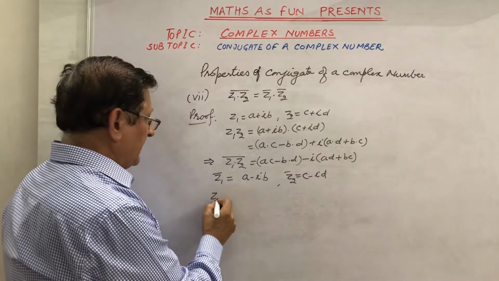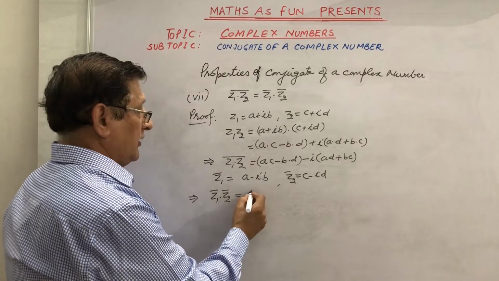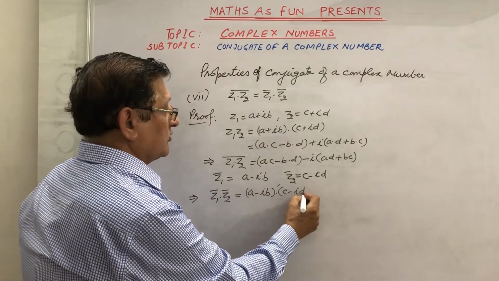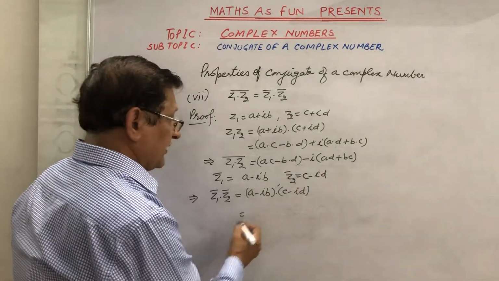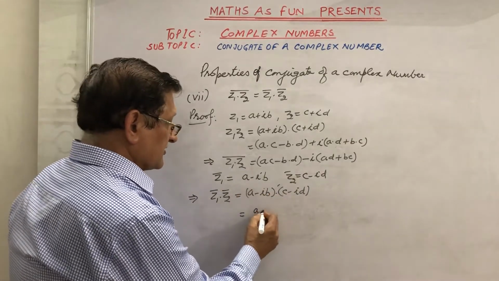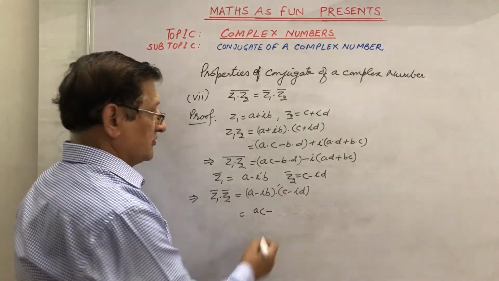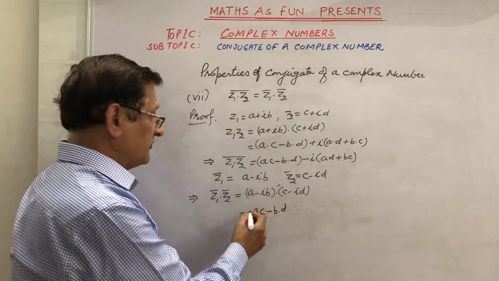If we multiply them, z1 bar into z2 bar will be (a minus ib) into (c minus id). We know how to multiply them. That is ac minus bd, because minus into minus will be plus and plus into minus is minus.